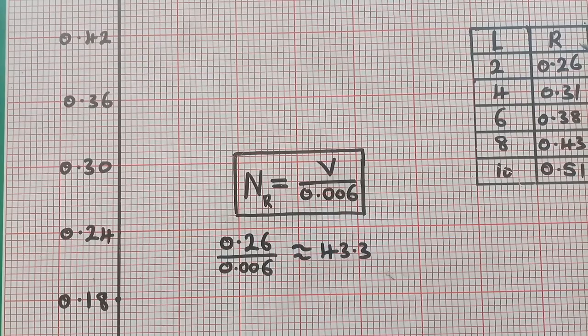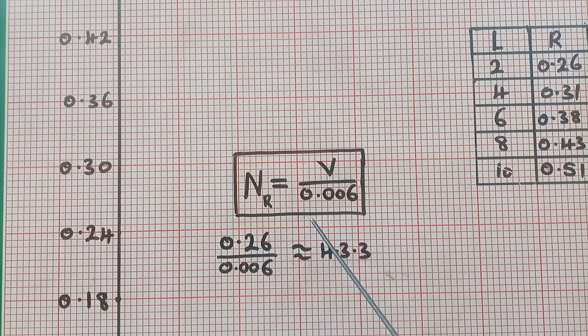Now let us locate the position for this 0.26 along this axis. That we do by replacing this V by 0.26. See it here. 0.26 over this 0.006.